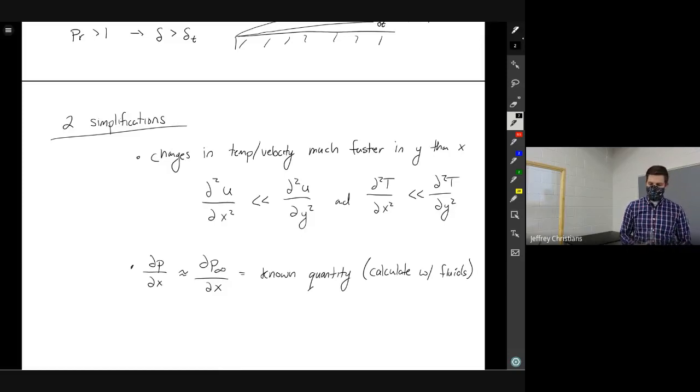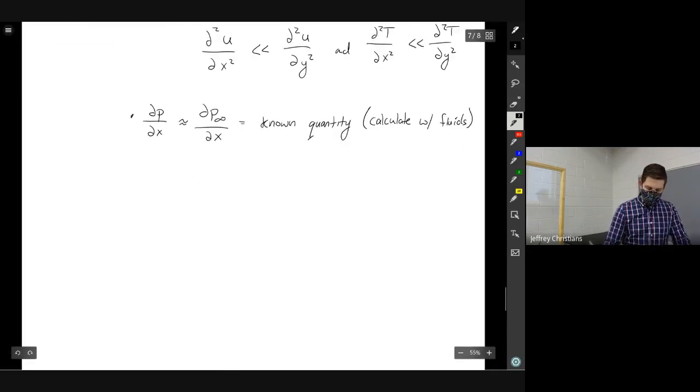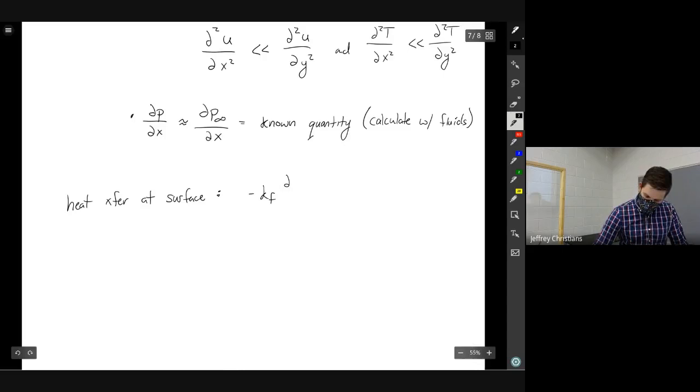Okay, so what we want to do is look at heat transfer. So the heat transfer at the surface, we looked and showed that this was true earlier.